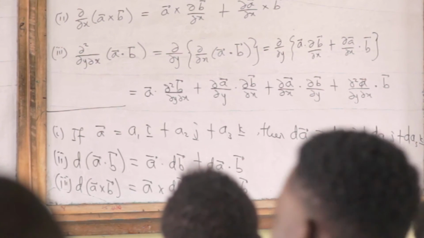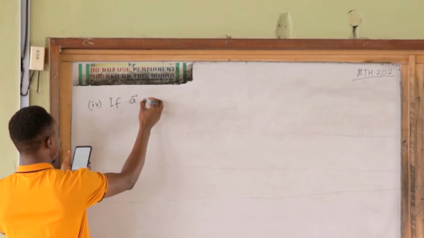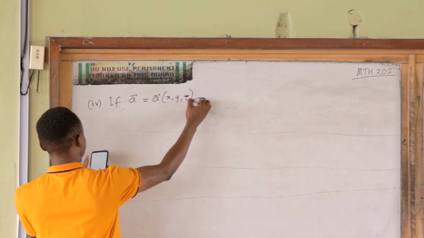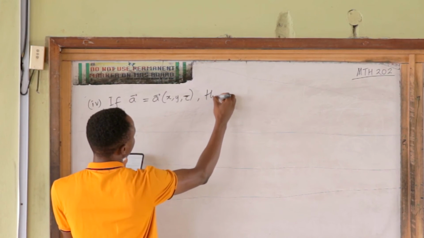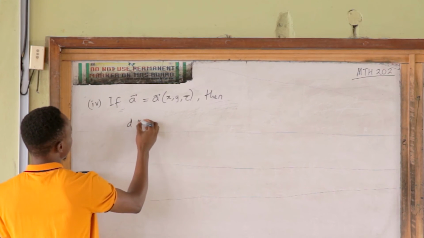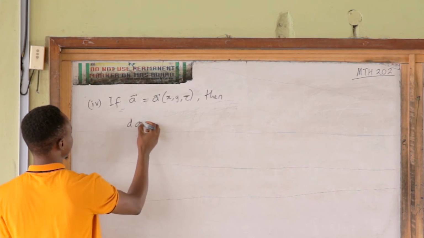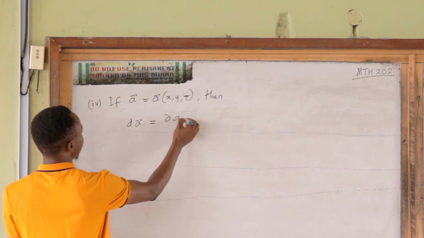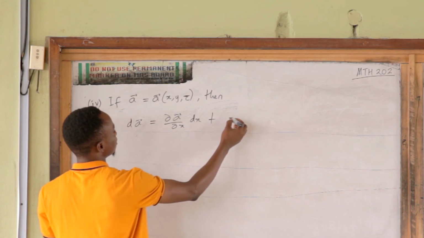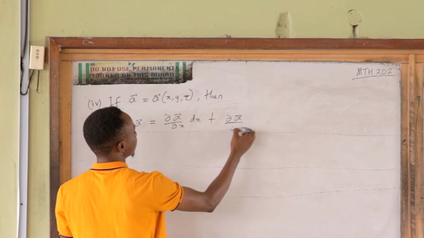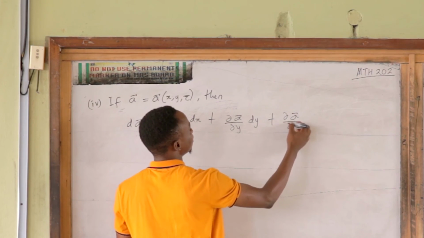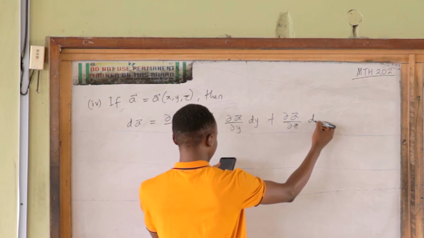Finally, if a is equal to some function of x, y, z, then da is equal to del a del x dx, plus del a del y dy, plus del a del z dz.